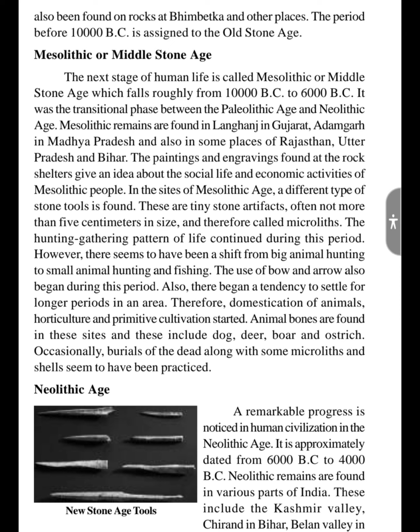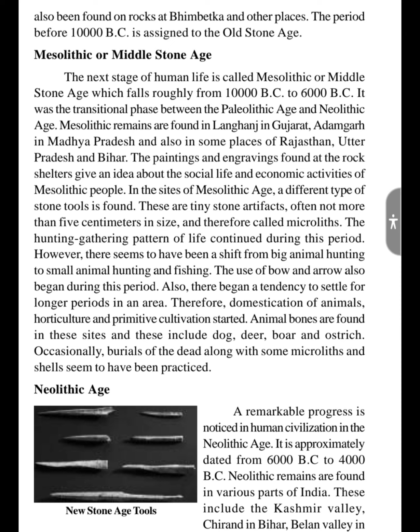Mesolithic or Middle Stone Age. The next stage of human life is called Mesolithic or Middle Stone Age, which falls roughly from 10,000 BC to 6,000 BC. It was the transitional phase between the Paleolithic Age and Neolithic Age.